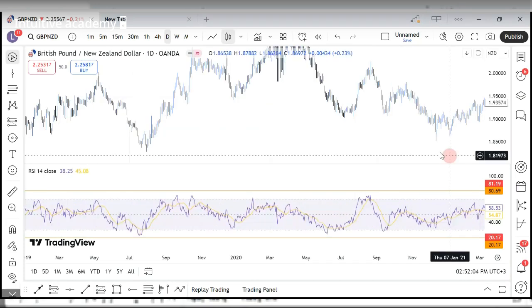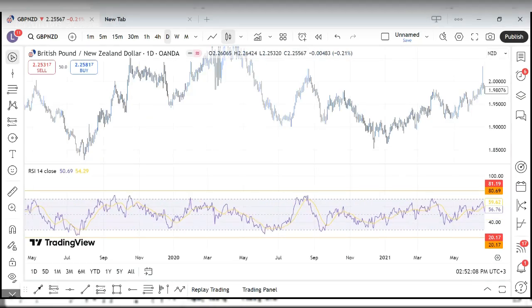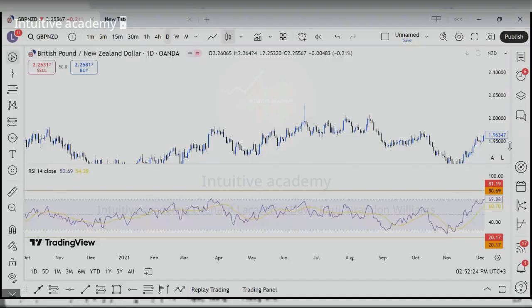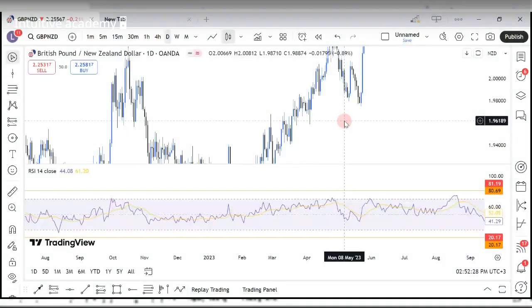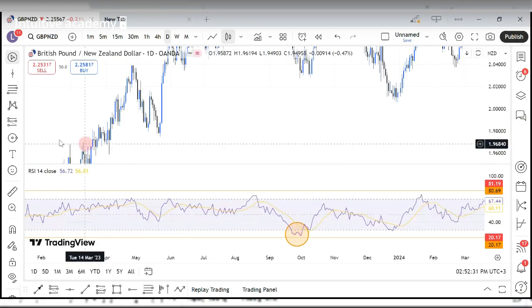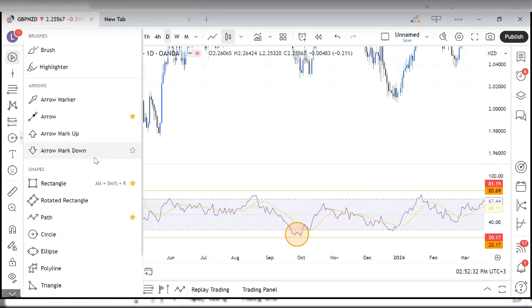Now, you guys might ask, what's a confluence? A confluence is the reason as to why you do something. The more reasons you have, the more comfortable, or the more confident you become towards your trade. For example, let's say you say, I'm buying at this price. Why?